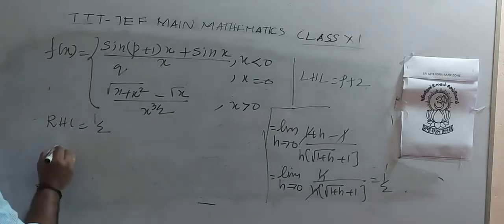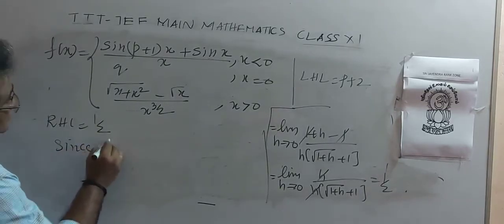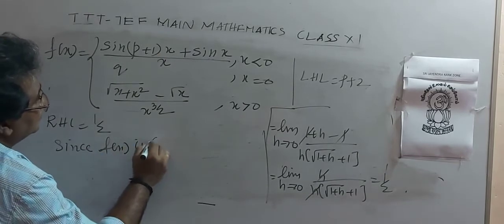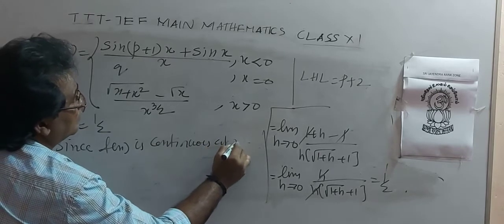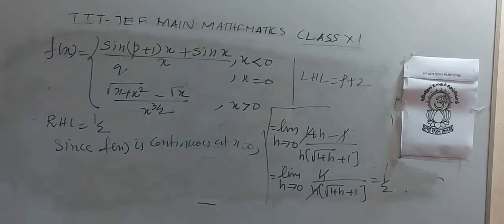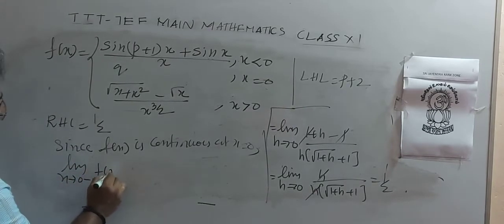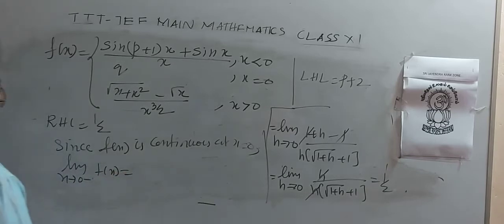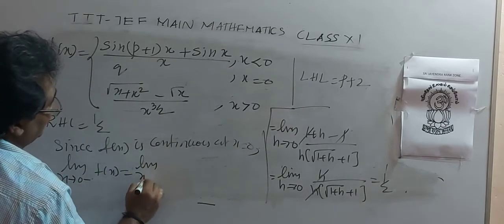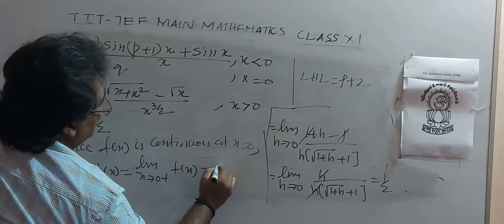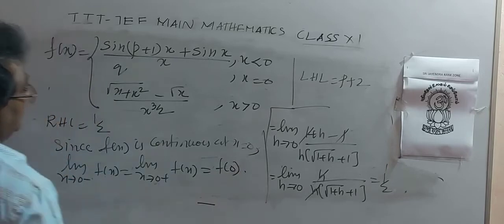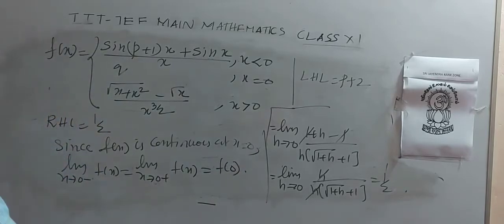So since f of x is continuous at x equal to 0, limit x tends to 0 minus f of x equal to limit x tends to 0 plus f of x equal to f of 0.